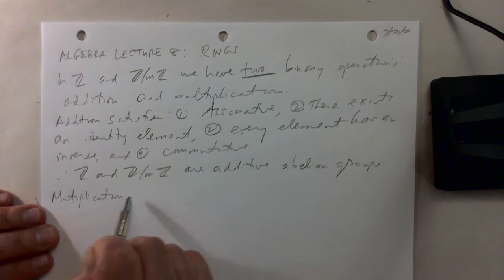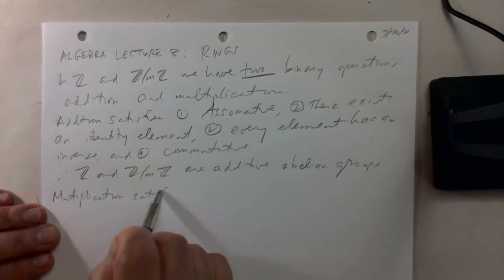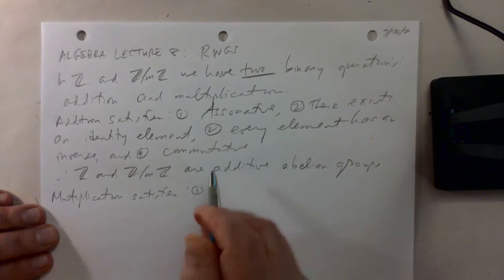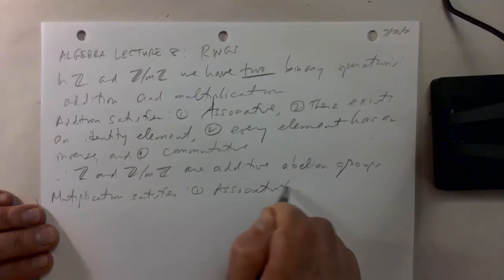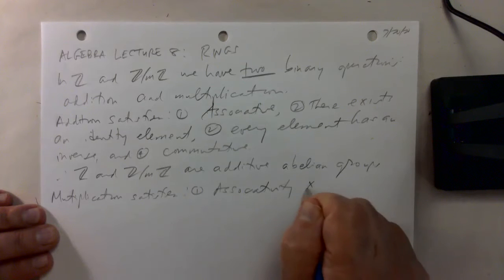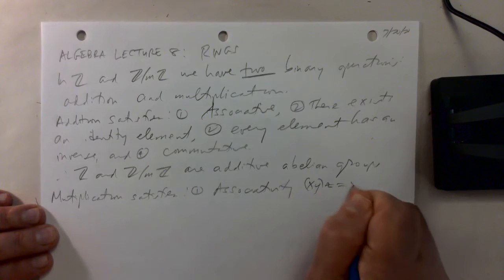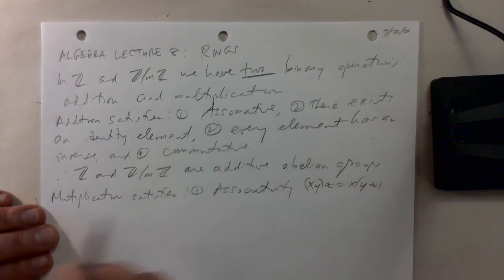Multiplication satisfies, first of all, associativity. (XY)Z equals X(YZ).